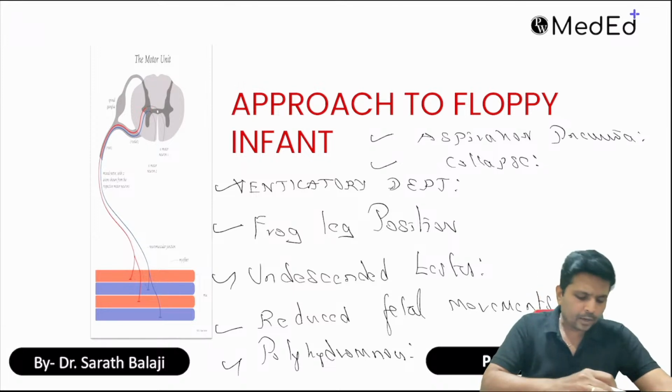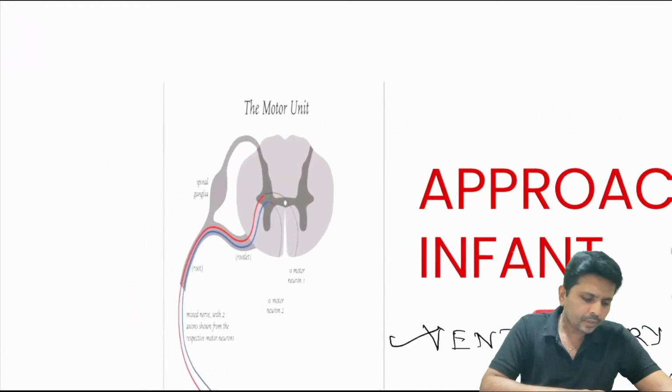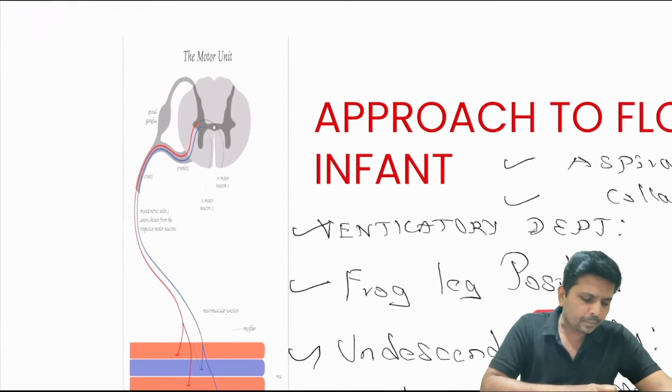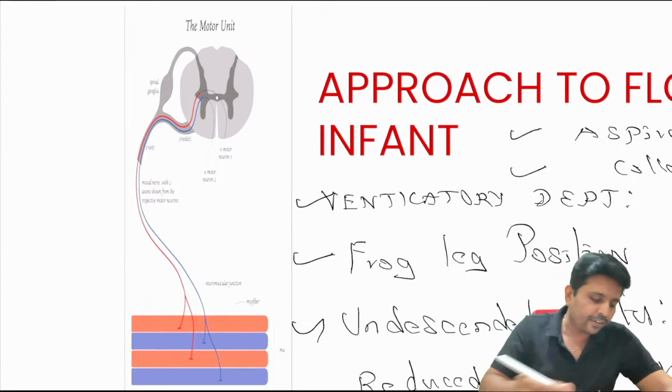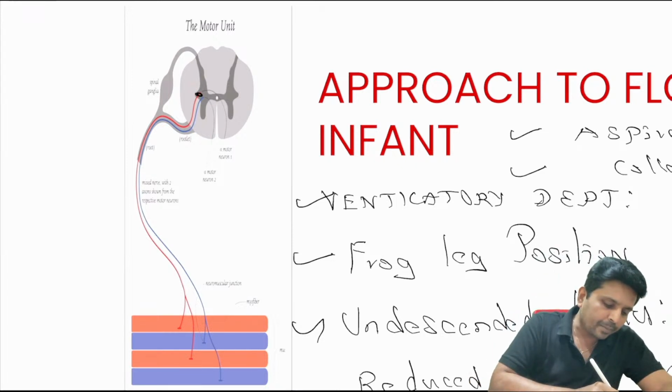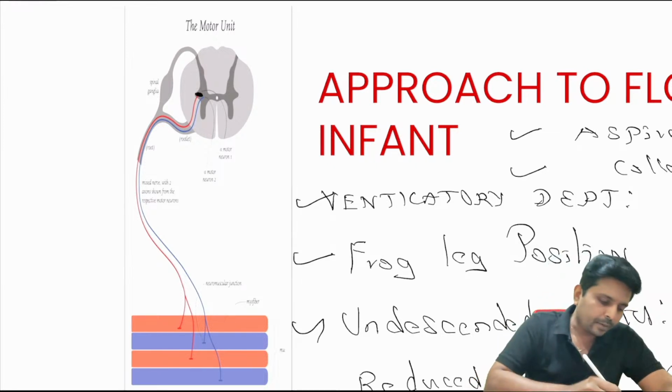So this is the manifestation of a floppy infant. Then let us come to the motor unit. What do you mean by a motor unit? The motor unit is defined as follows. It starts from the anterior horn cell.